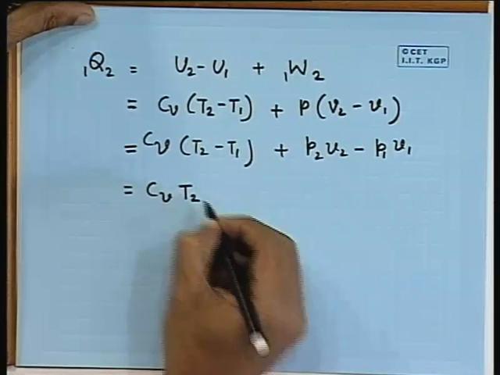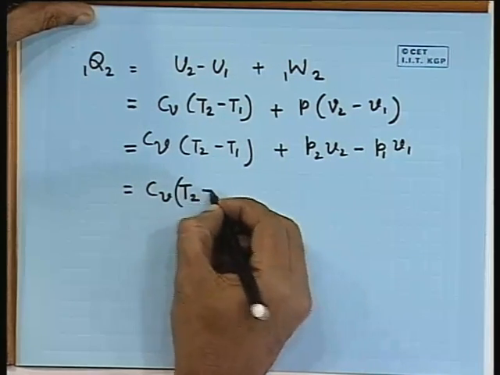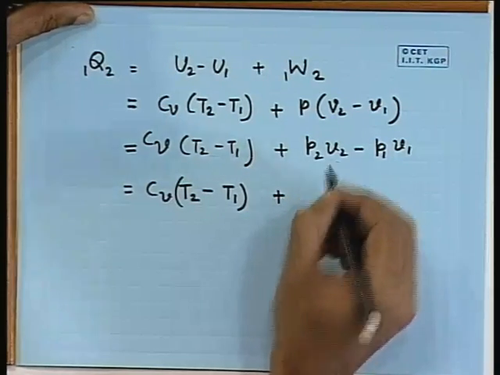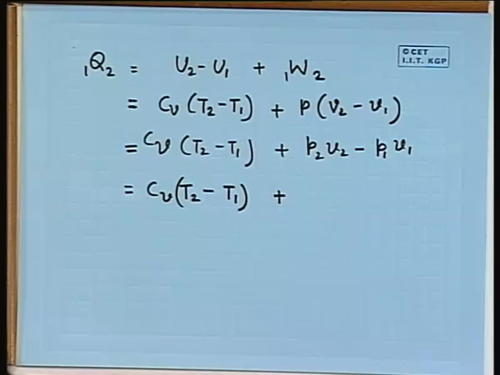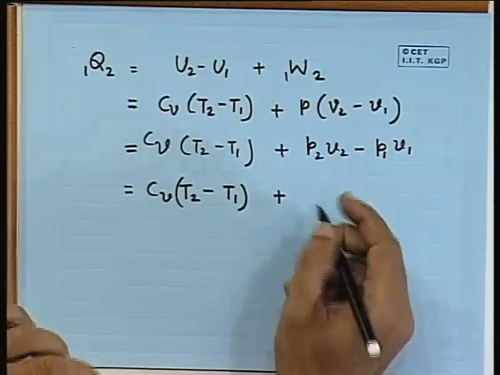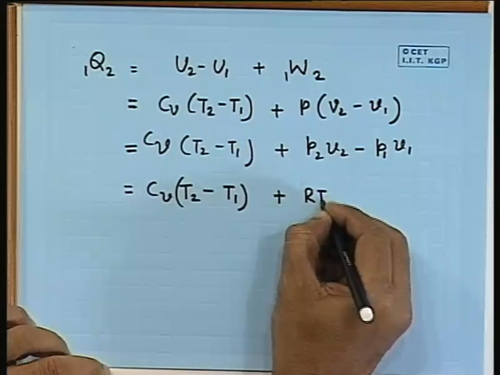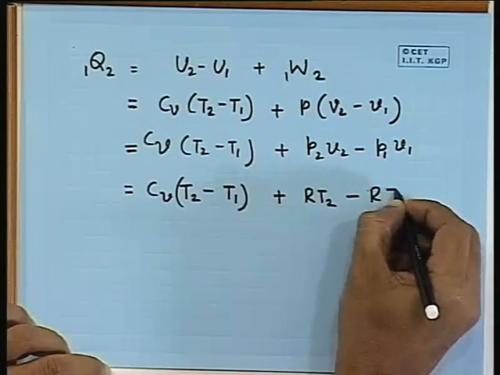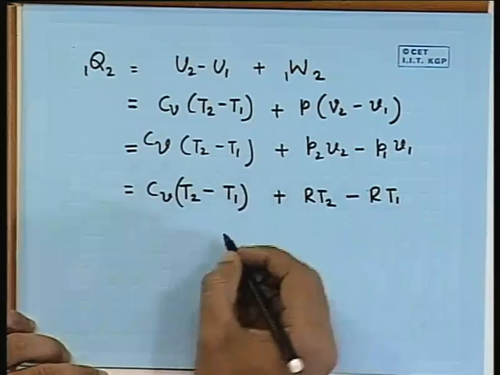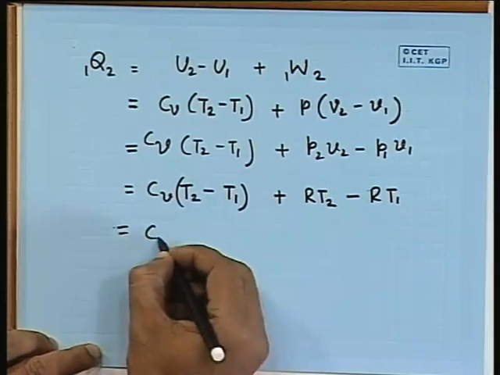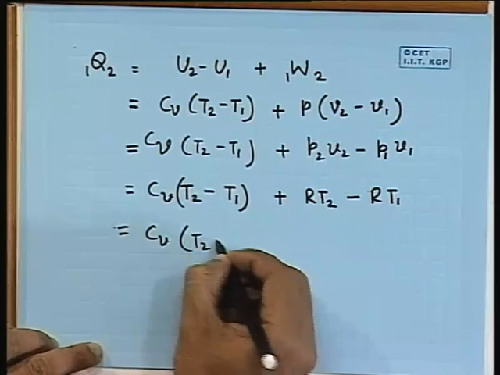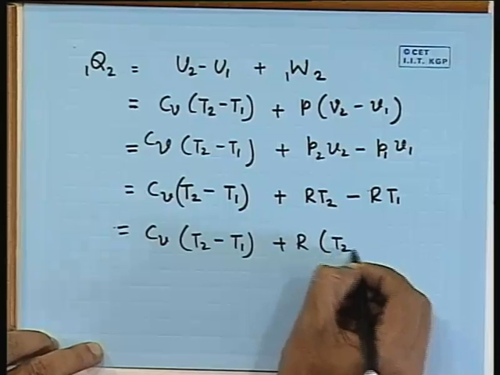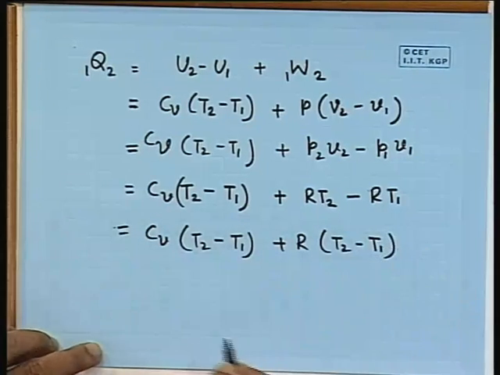Cv (T2 minus T1) plus what is P2 V2? P2 V2 is equal to RT2 minus RT1, and this is Cv (T2 minus T1) plus R (T2 minus T1).